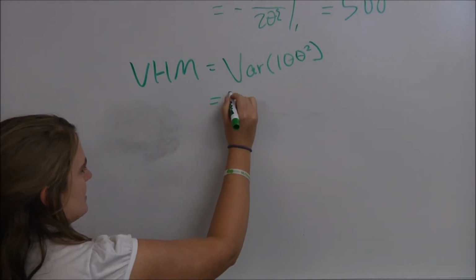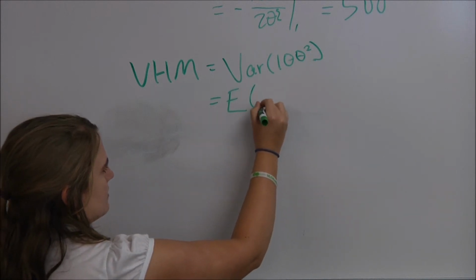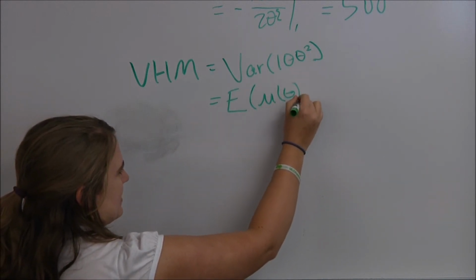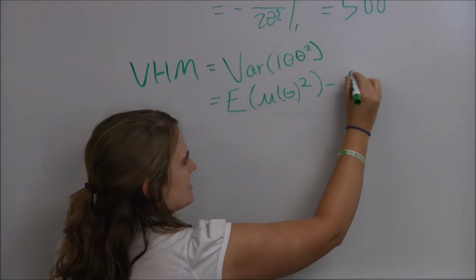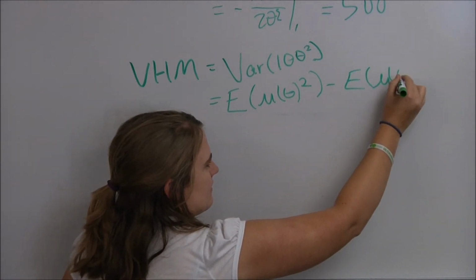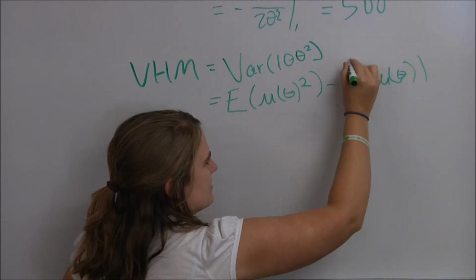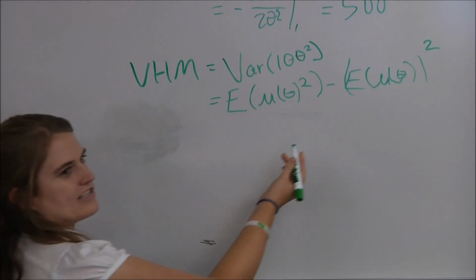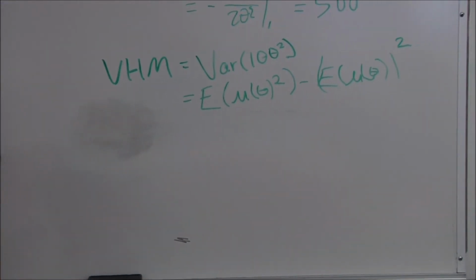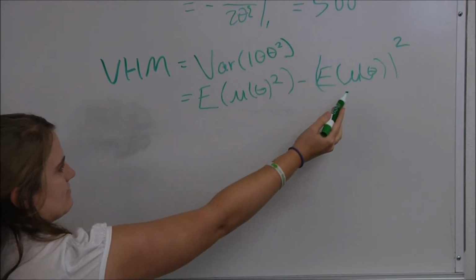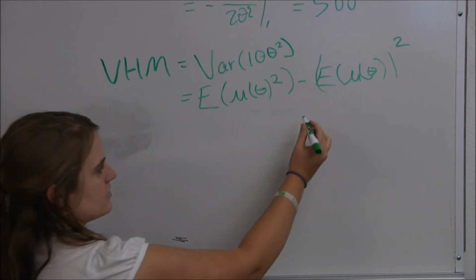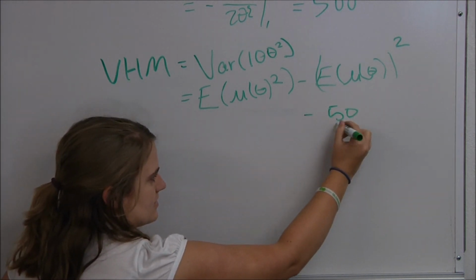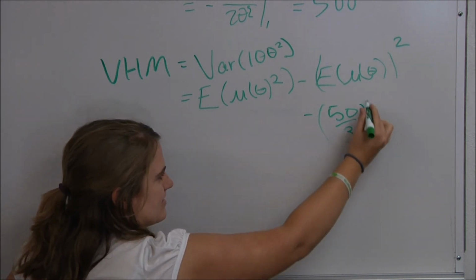So we need the expected value of our hypothetical mean squared, that's our second moment, minus the expected value of the hypothetical mean squared. That's just the variance formula that we all know. So we already have this. We found our population mean. We found out that was 50/3, so that's just 50/3. So then we need to square it.